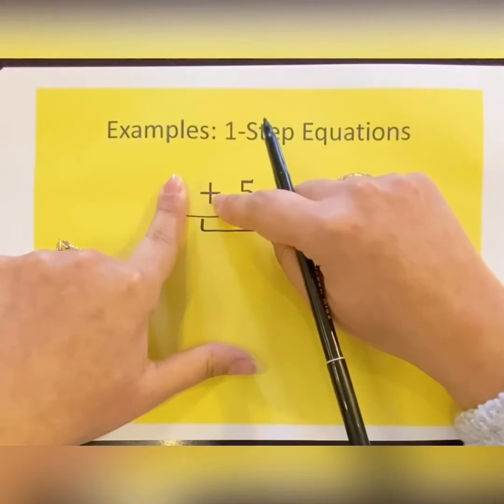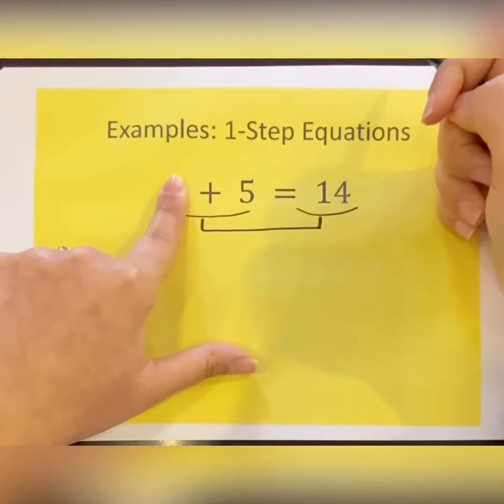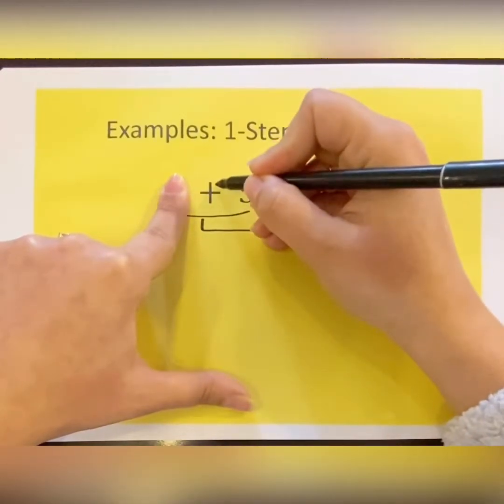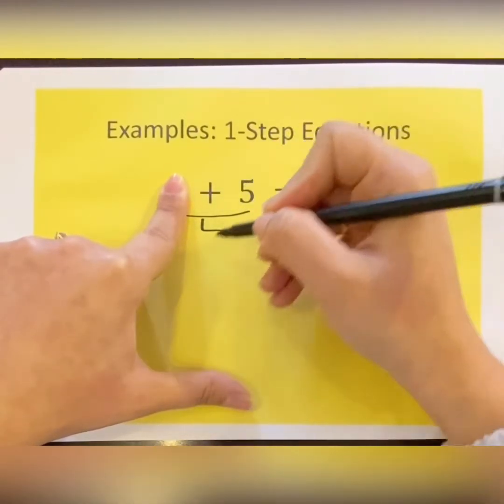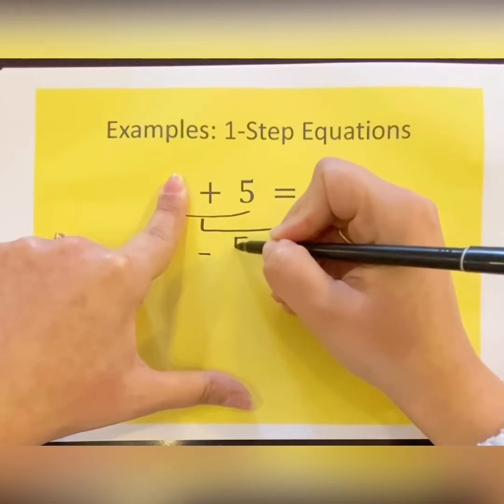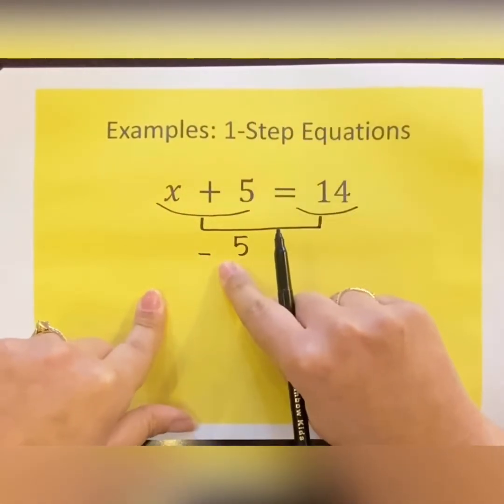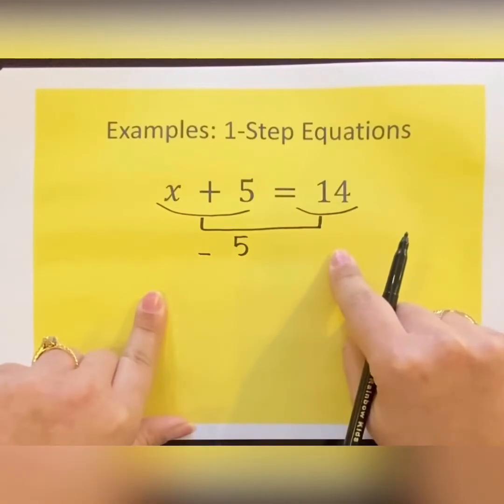What do I have to do with the addition in here? We have to do the opposite operation. So if we have plus 5, we have to say minus 5. And as I said, if we do anything for this side, we have to do the same for the other side.